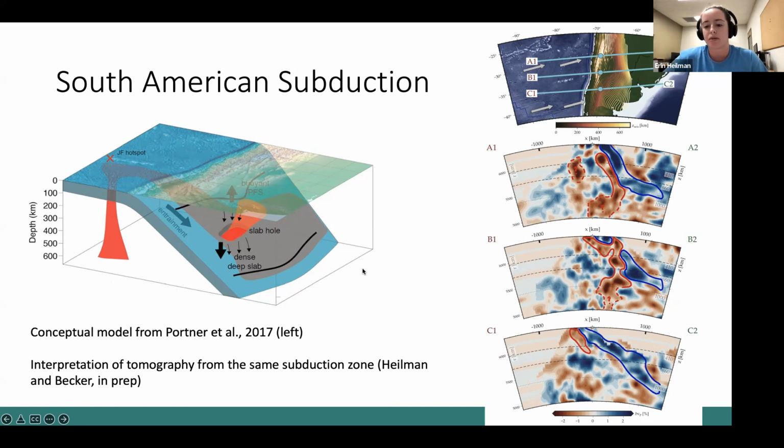So we did an interpretation of the tomography in South America looking at 3 transects. In A, we have the subducting slab here and the presence of some sort of plume laying on the bottom of that subduction zone.